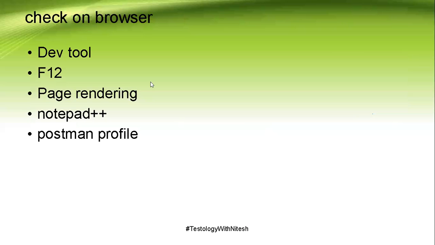Check the browser dev tools, page rendering. How can you check which API is being called? Let's say you are playing around with some shopping website and placing an order. As a QA, you are curious to know which API call was made to place that order.